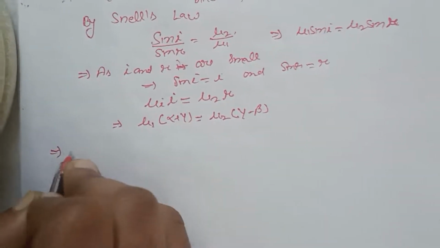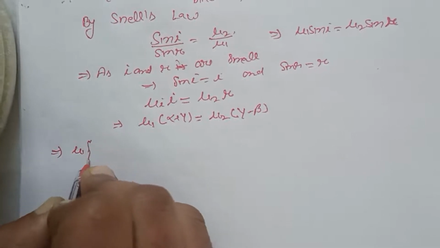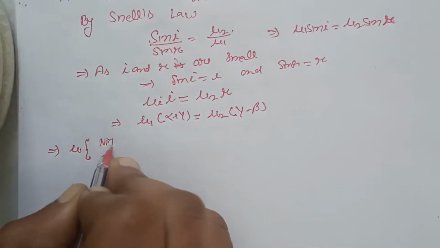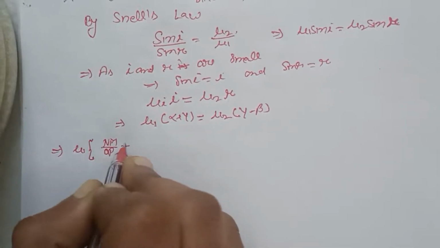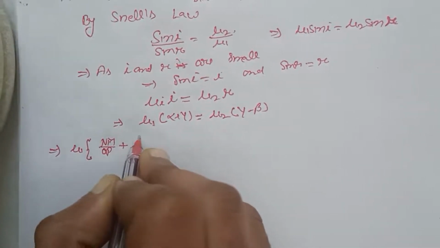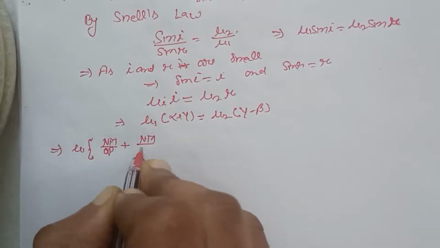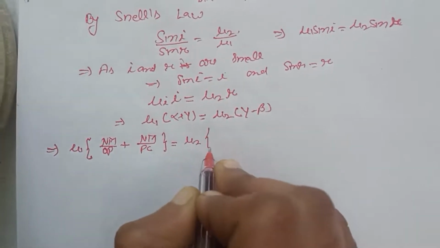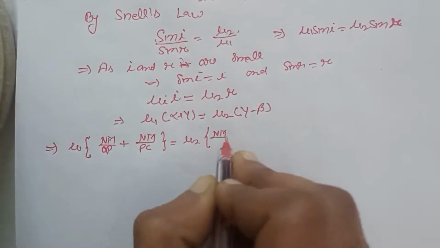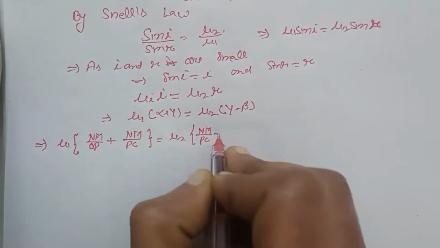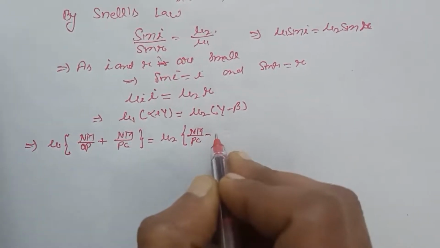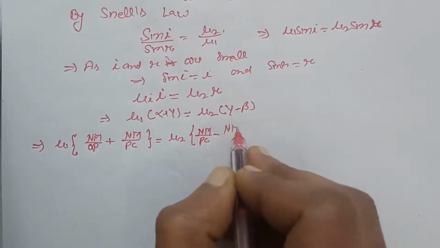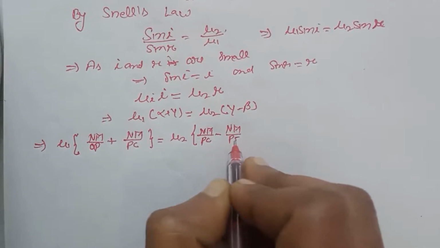Put the values of alpha, beta, gamma in this equation. Then mu1 times NM divided by OP plus NM divided by PC equals mu2 times NM divided by PC minus NM divided by PI.